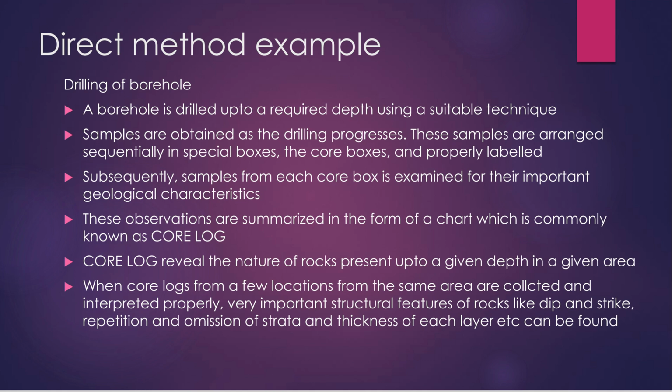So the observations made by testing each sample are presented in the form of a chart, and this chart is known as core log. Core log reveals the nature of rocks present up to a given depth in a given area.